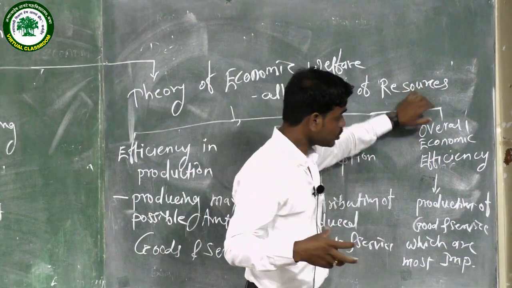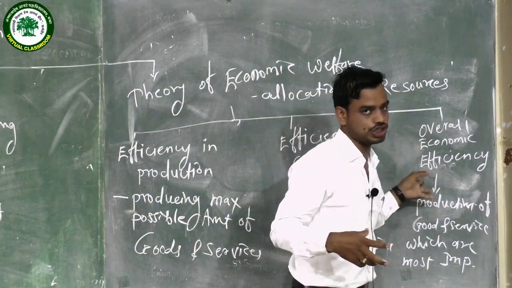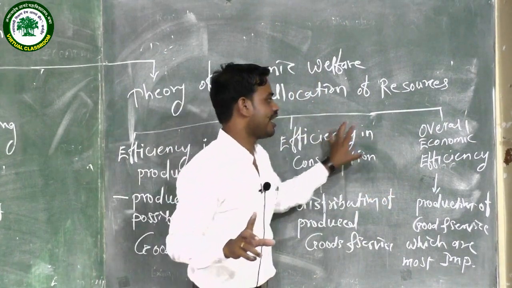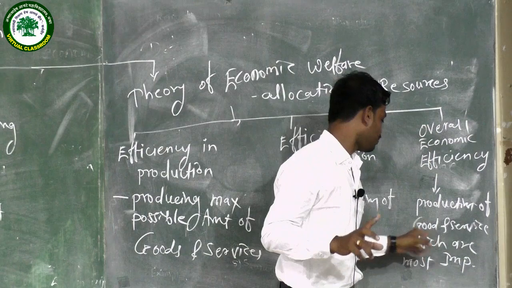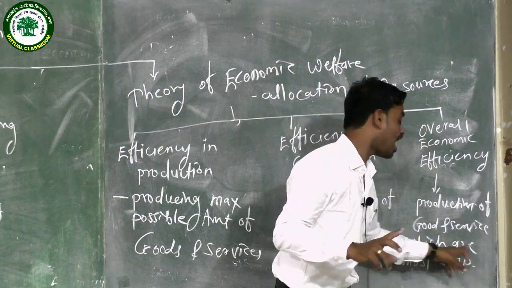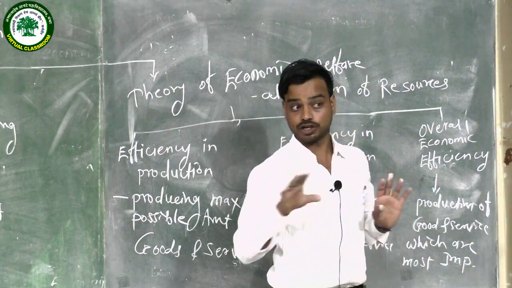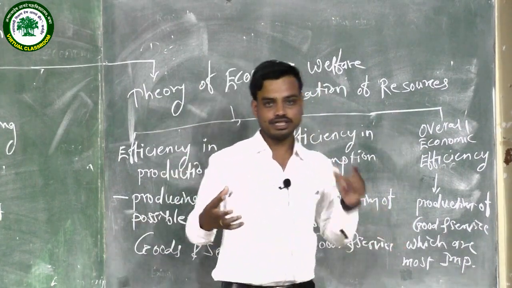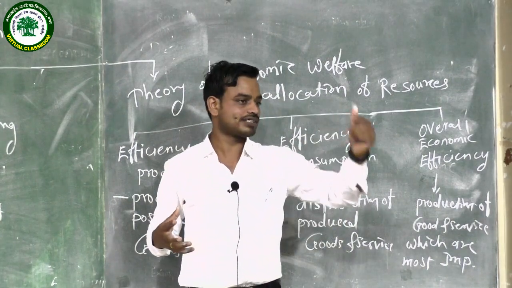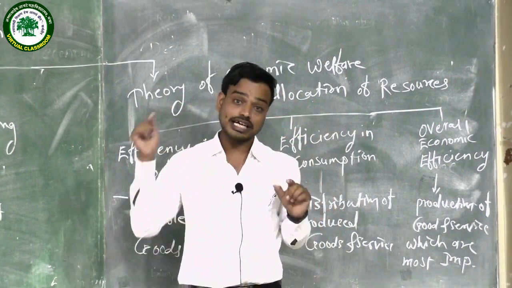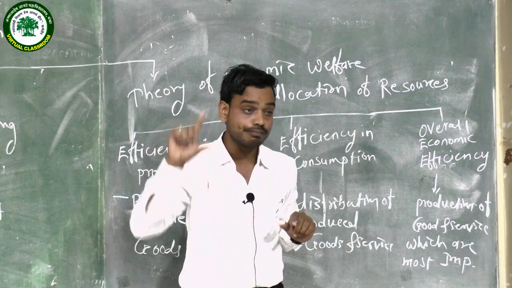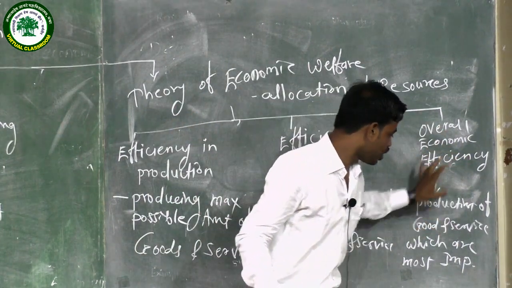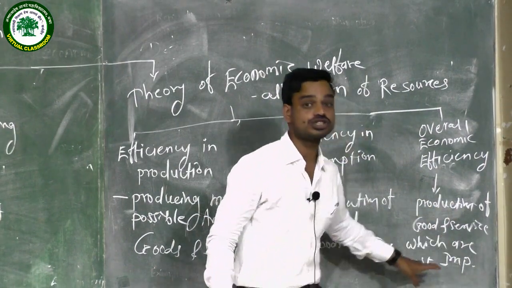And the third thing, overall economic efficiency. In the first point we produce, in the second point we distribute, and in the third point, production of goods and services which are most important. Don't forget that point. Important means valuable, important means impactful. If any person requires a car, then that person also requires money. That means overall economic efficiency, production of goods and services which are most important.